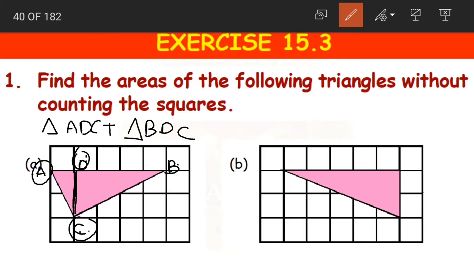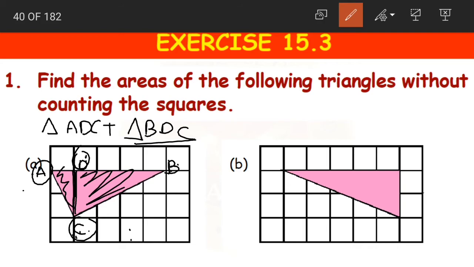Is this clear? Area of triangle ADC, that is this, plus area of triangle BDC, that is this. When we add the area of both these triangles together, we will get the final area of our triangle ABC.